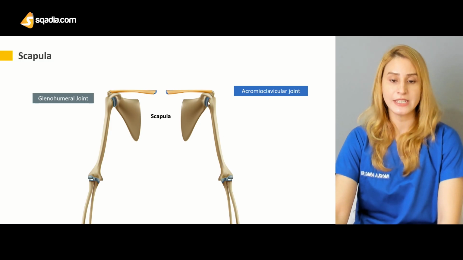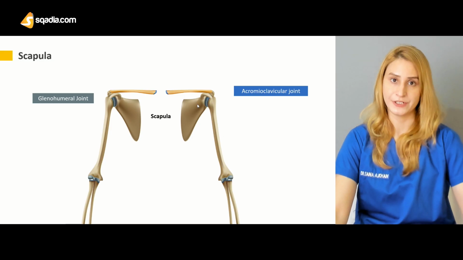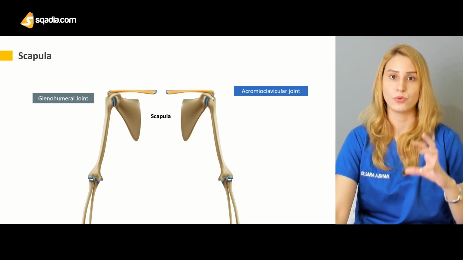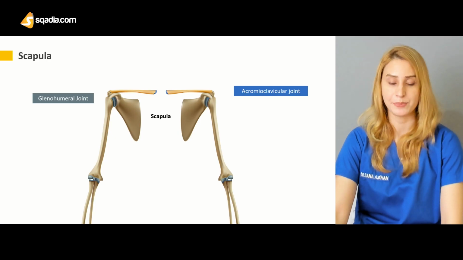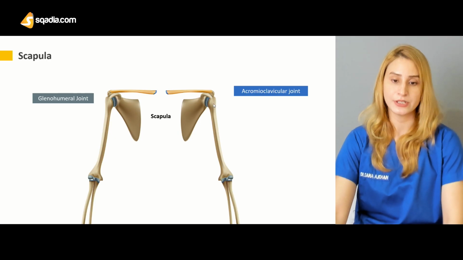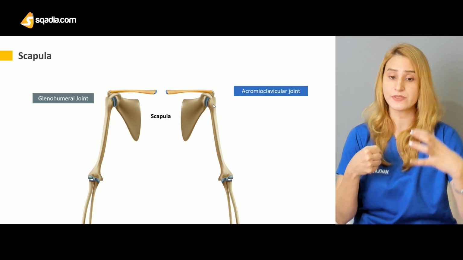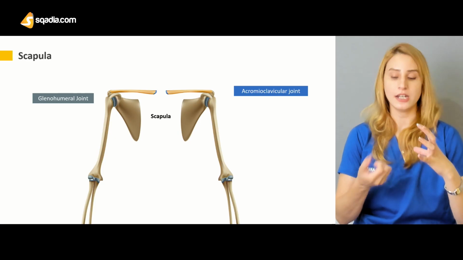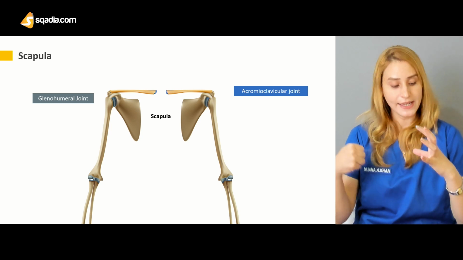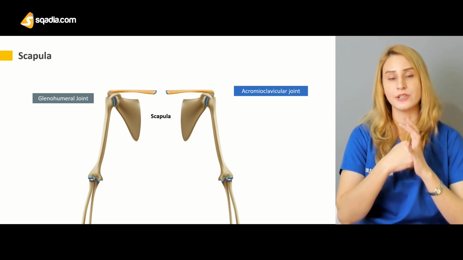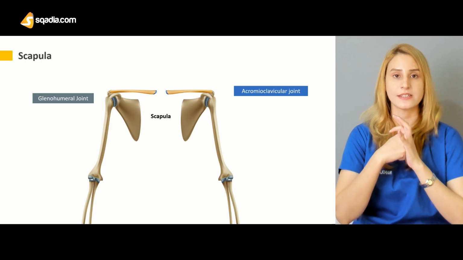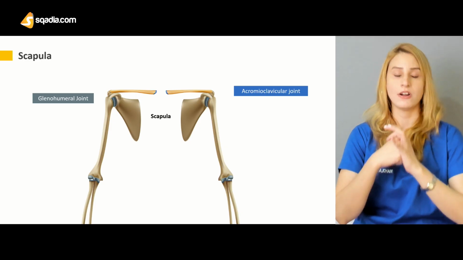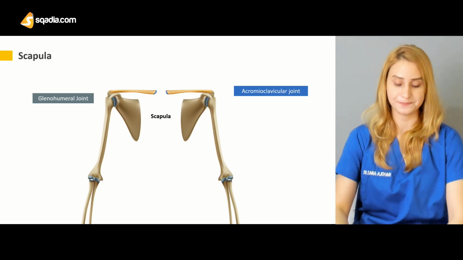Then you have another border, the lateral border. In the lateral border, you have the glenoid cavity or glenoid surface of the scapula, and the head of the humerus. Let's suppose this is the glenoid cavity of the scapula, and this is the head of the humerus, and it fits into this glenoid cavity, and it's responsible for the articulation of the shoulder joint.